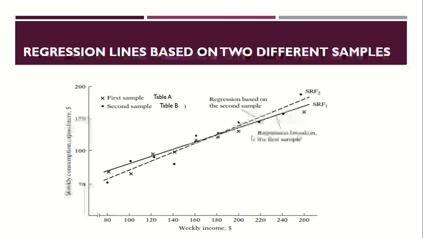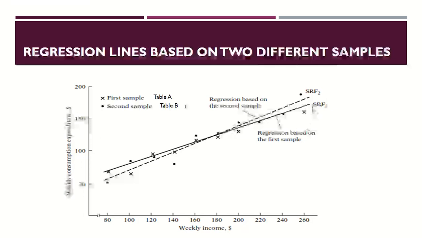Before that, we took data of 60 families and drew a population regression line by joining the mean values of consumption expenditure given income level, which we did in our previous lecture. Now we are discussing samples here. We have the data of 10 families and draw the sample regression lines for these samples.